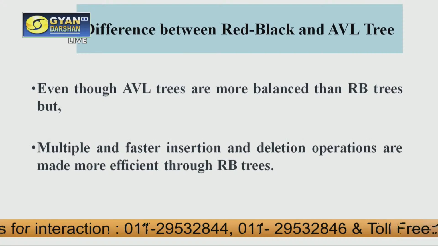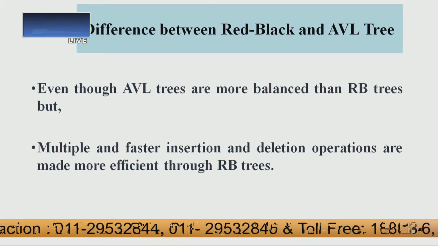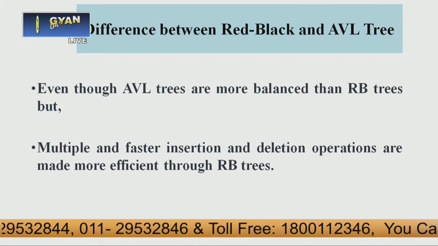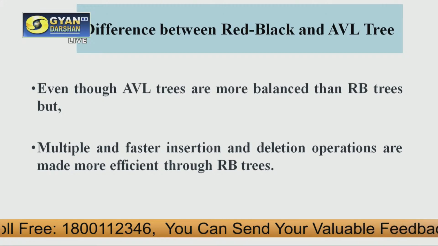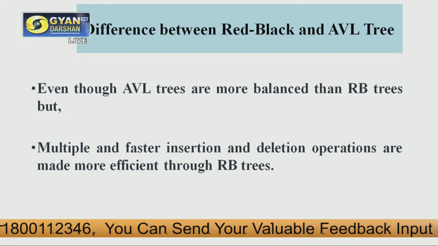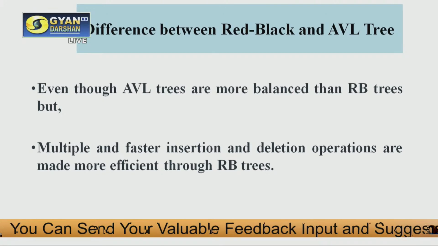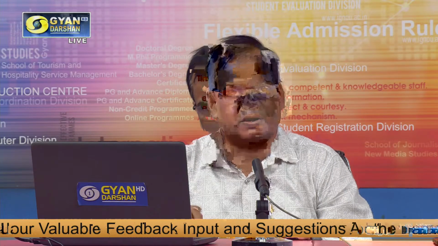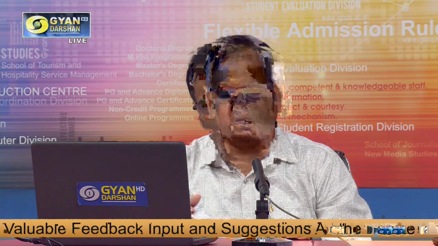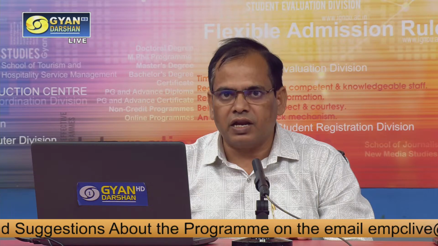In the red black tree, insertion and deletion operations are made more efficient than the AVL tree. We will see, when we see the creation of a red black tree, how it is easier than the AVL tree to do insertion or deletion in the red black tree.